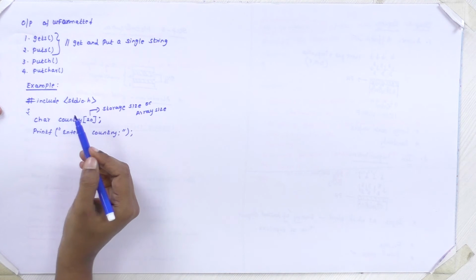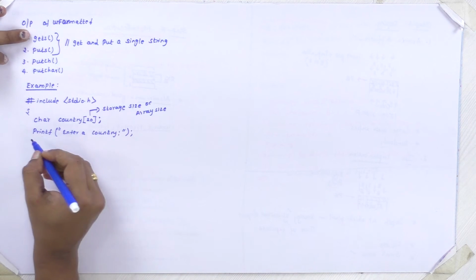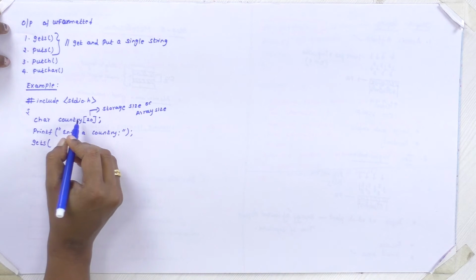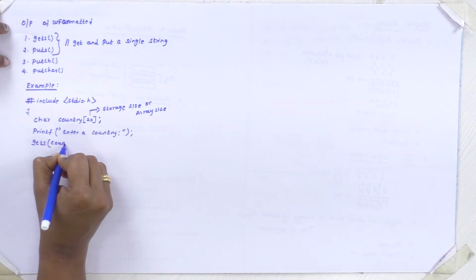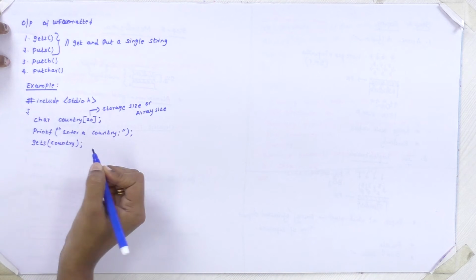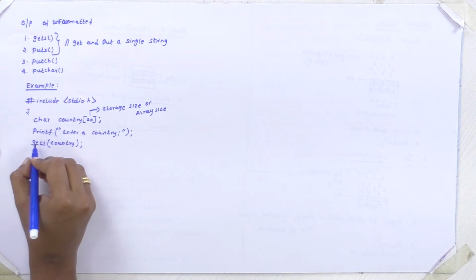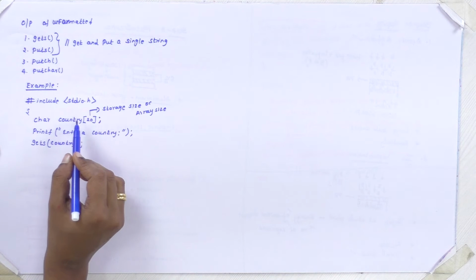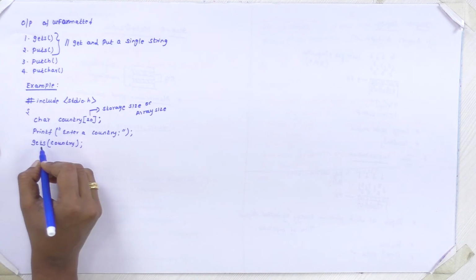Next I am going to get a string by using gets. So gets of your variable name, and my variable name is country. Next, I am going to print the data I got by using gets.